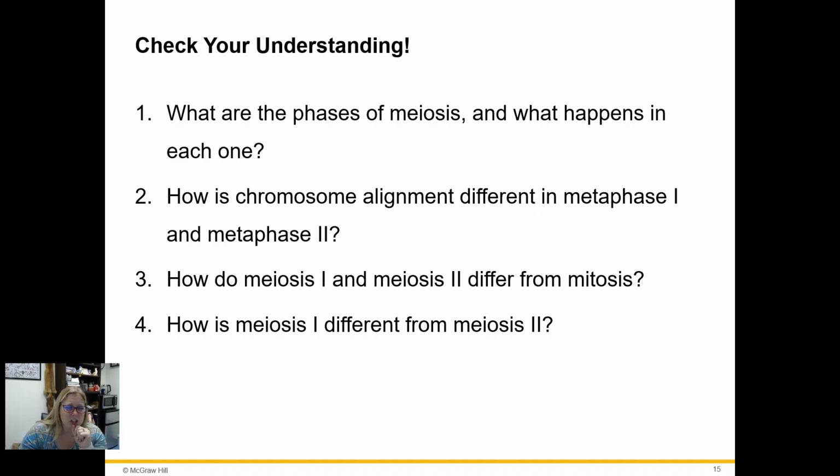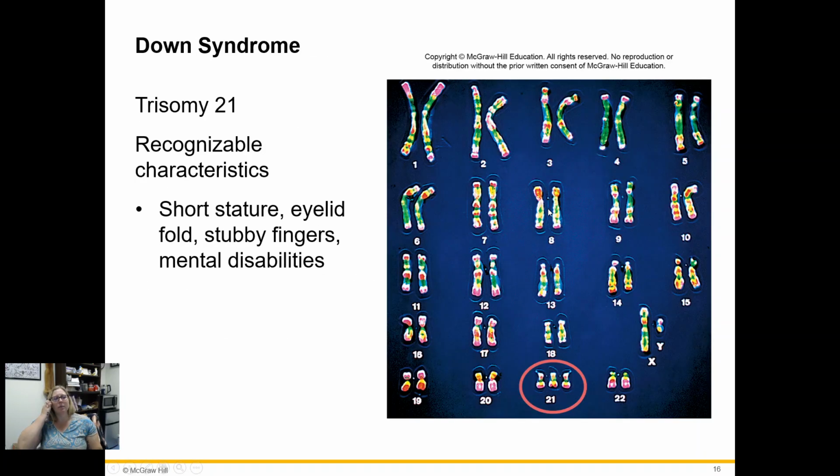So, non-disjunction has occurred. What actually is happening here? Well, if we're talking about something like trisomy 21, where you find an individual who has a third copy of chromosome number 21, it can be a complete copy or even a partial copy if that chromosome broke while it was pulling apart.